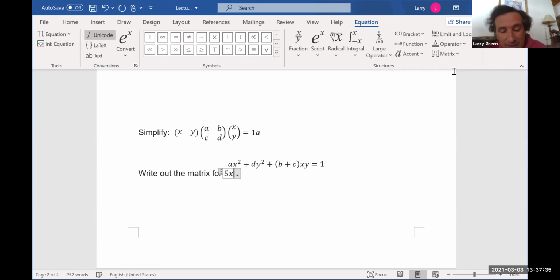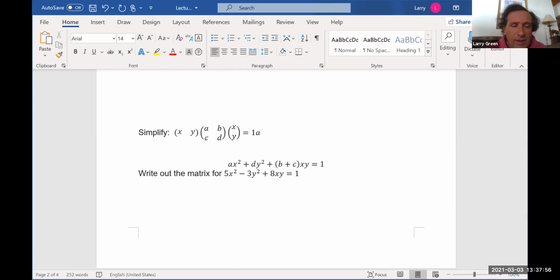How about 5x squared minus 3y squared plus 7, how about 8xy equals 1. Any questions on the question?